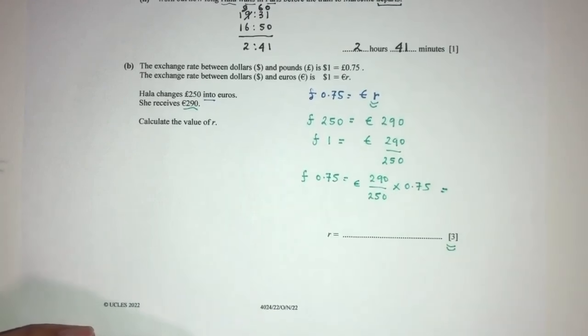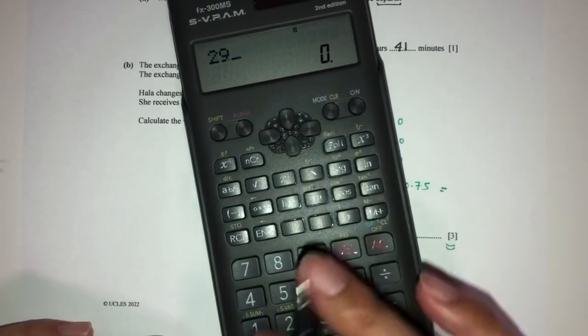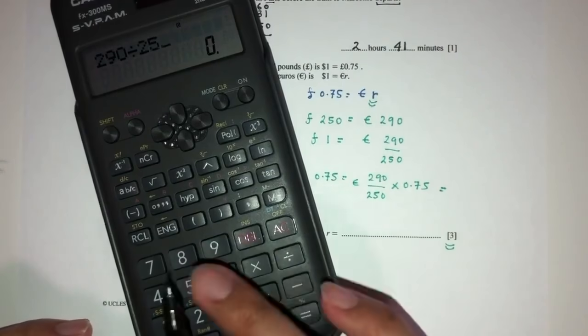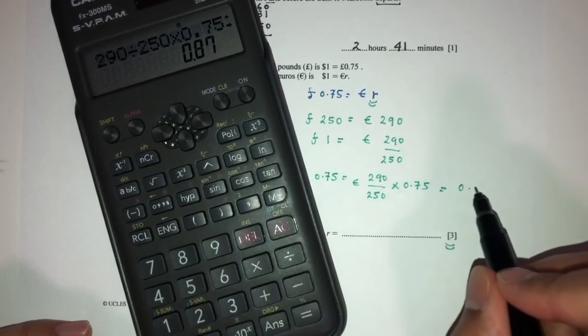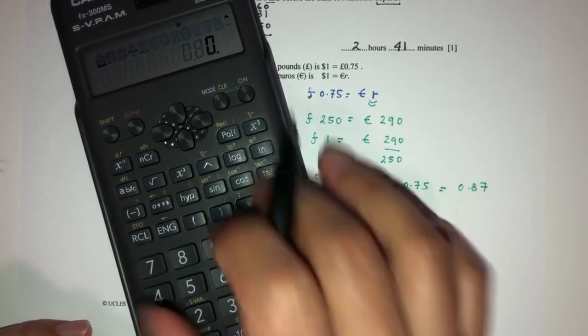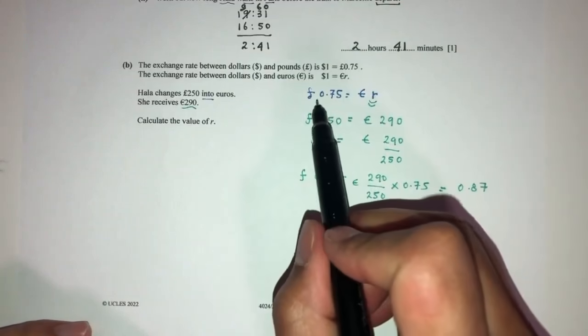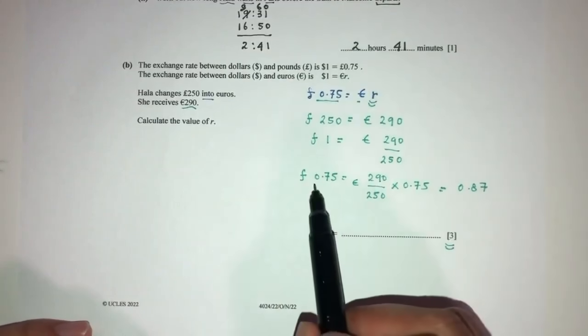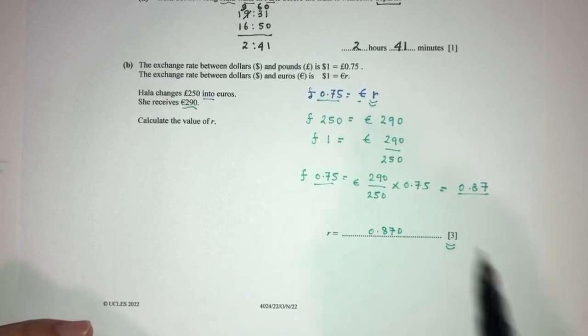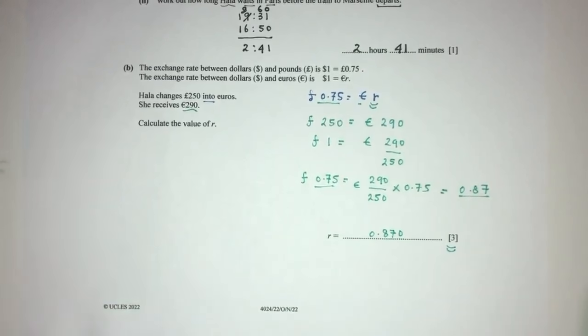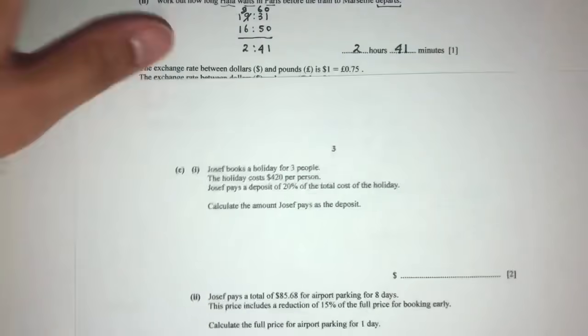So that will give you what? 290 divided by 250 times 0.75, that will be 0.87. And by comparison, obviously, this is equal to R. This is equal to 0.870, corrected to 3 SF. That will be your value of R for part B.